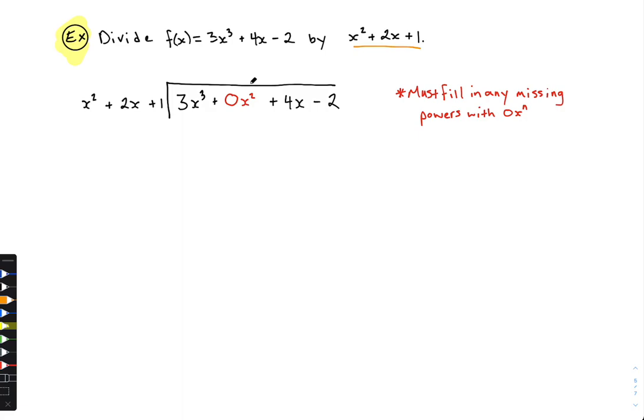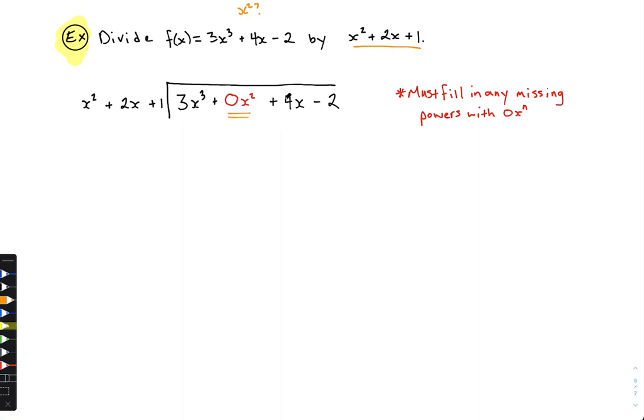But notice that in that function, I've got 3x cubed, and then I go straight to 4x. I don't have an x squared term. Where is that x squared? Even though I don't have anything times x squared, when I add this f of x under my division bar, I have to make sure I have a placeholder for it.